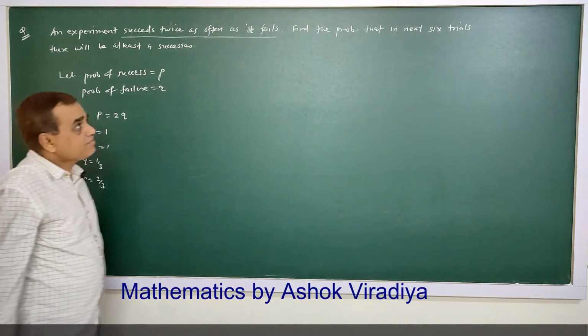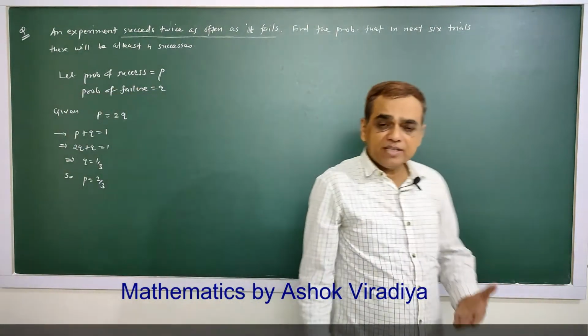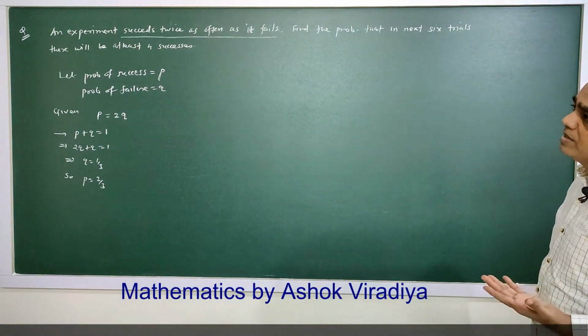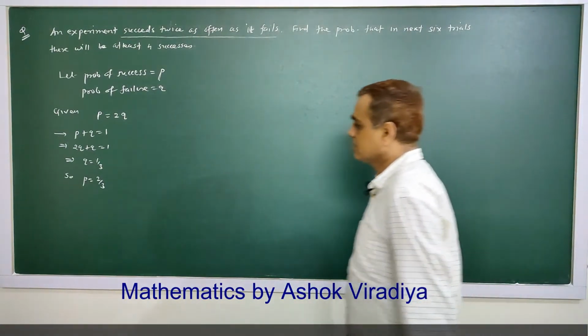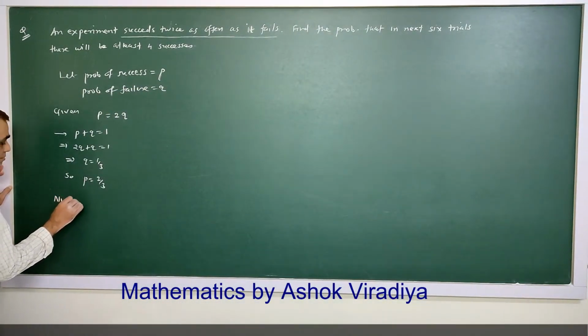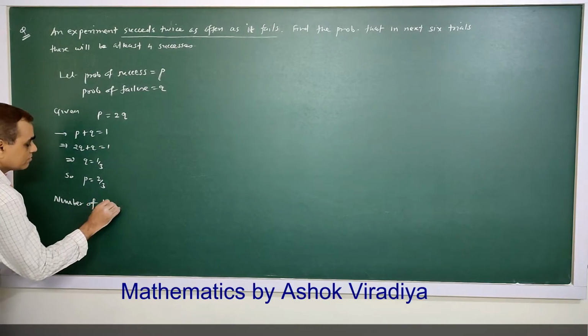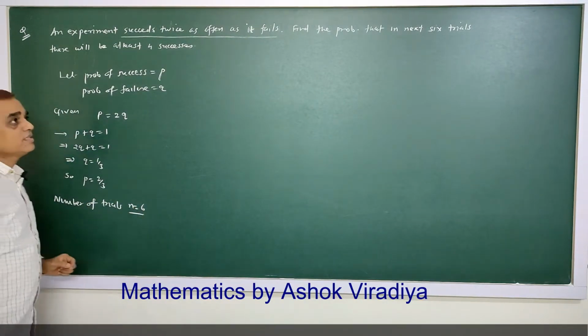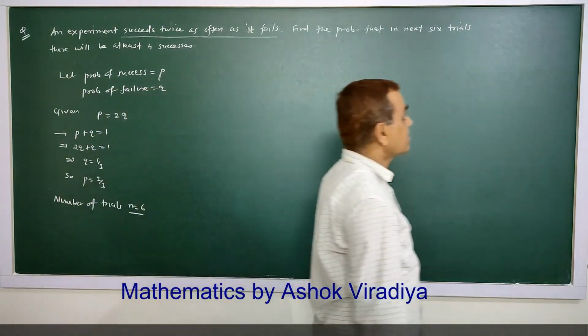Now the question is, find the probability that in the next 6 trials there will be at least 4 successes. So the number of trials is six. Now see, the words are next 6 trials.